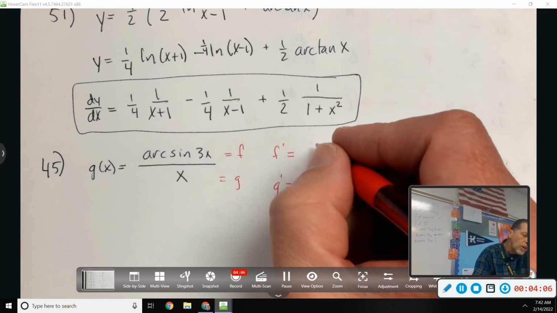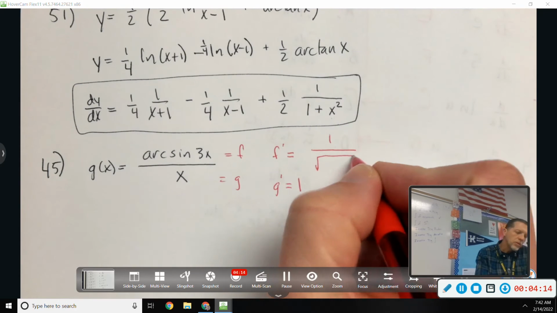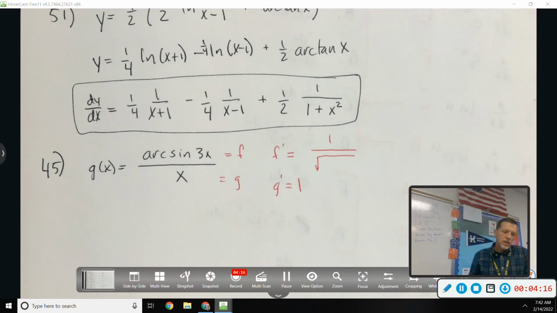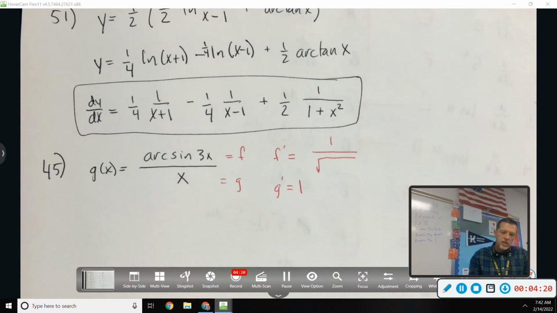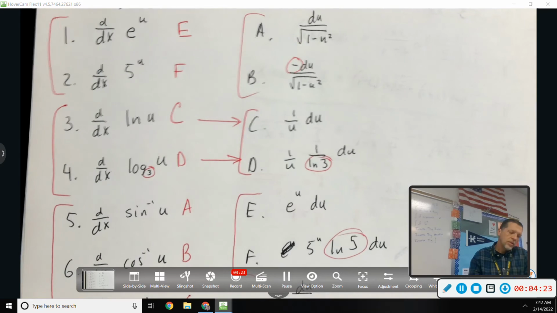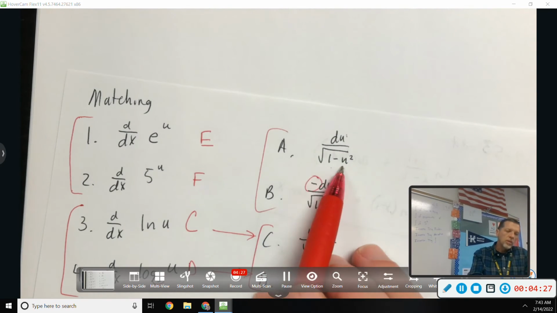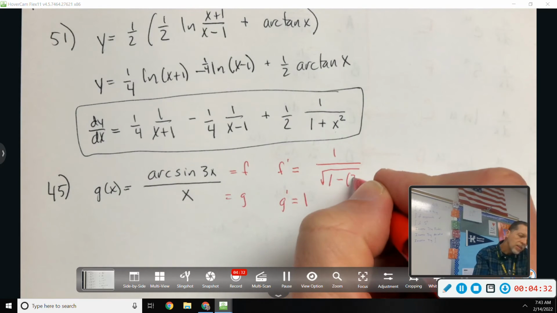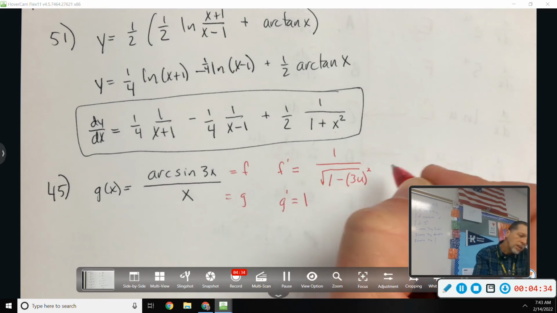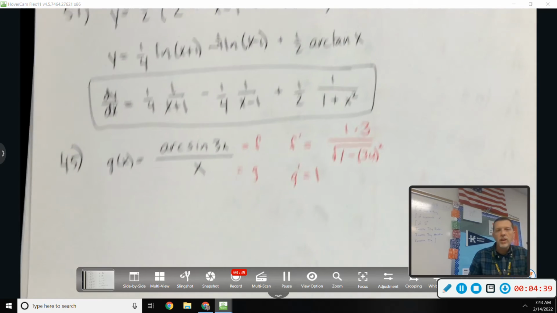Well, the derivatives of all of them are 1 over something. Sine and cosine have a square root down there. The cosine one's negative, the sine one's positive. That's why we did warm-ups, right? Derivative of inverse sine is 1 over the square root of 1 minus the argument squared. So 1 minus 3x squared. And then times the derivative of the argument, so chain rule would be times 3.